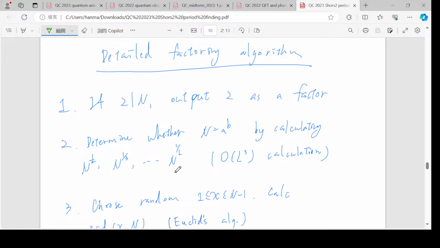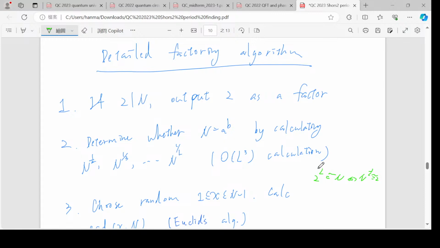A small note here: you only need to go up to n to the 1 over L, because the smallest possible factor is 2. 2 to the L equals n, so n to the 1 over L equals 2, with some approximation.